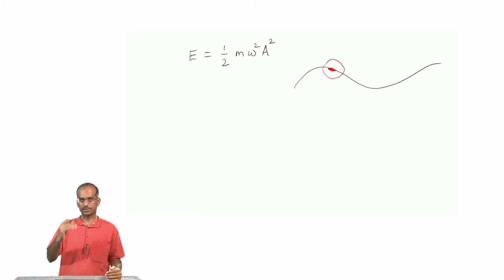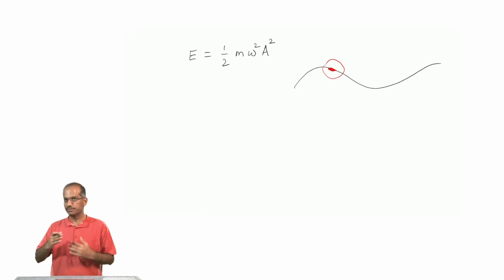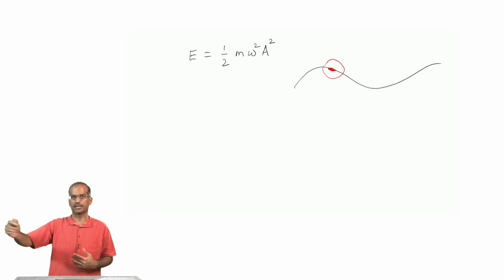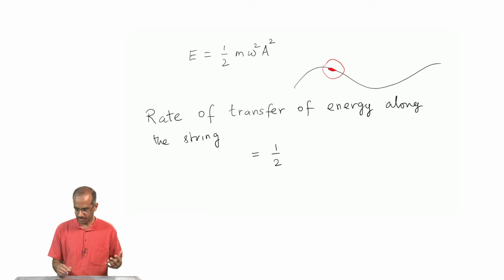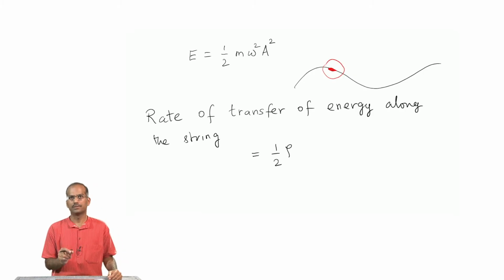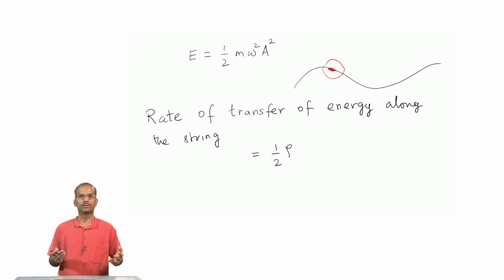Not only is this oscillating, but the disturbance is actually propagating through the string. That will be equal to half. Now, m has to be replaced by rho, the linear density. If I am considering a small segment of unit length, rho would simply be the mass.